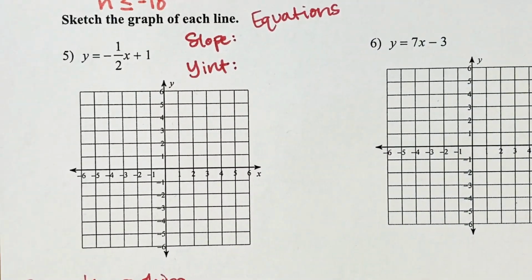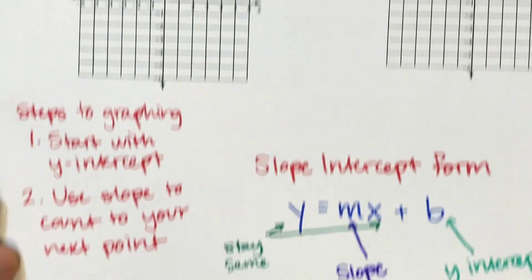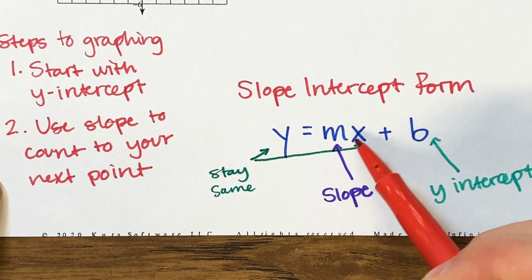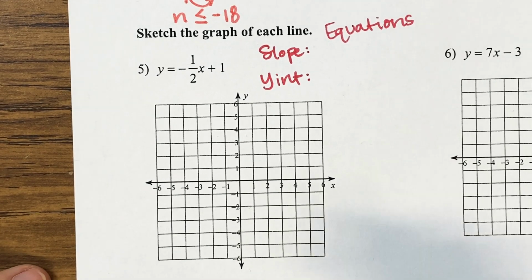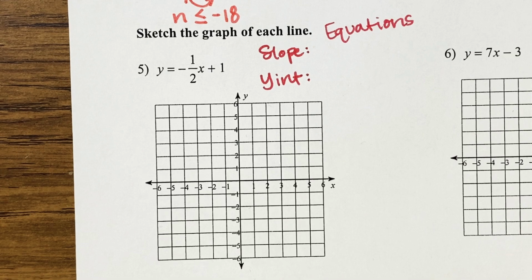And yes, I do want you to write this on your paper. Looking at slope-intercept form, notice that your slope, your m, is always in front of your x. Looking back up at our first equation on number 5, what number or fraction is right in front of your x? That is going to be your slope.